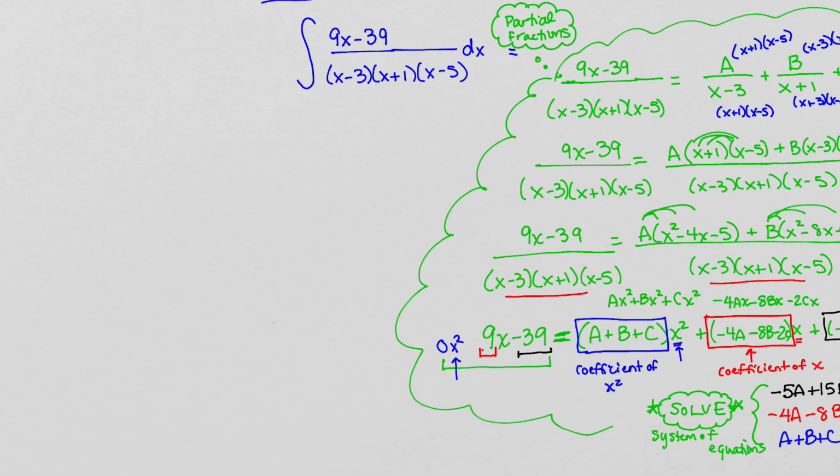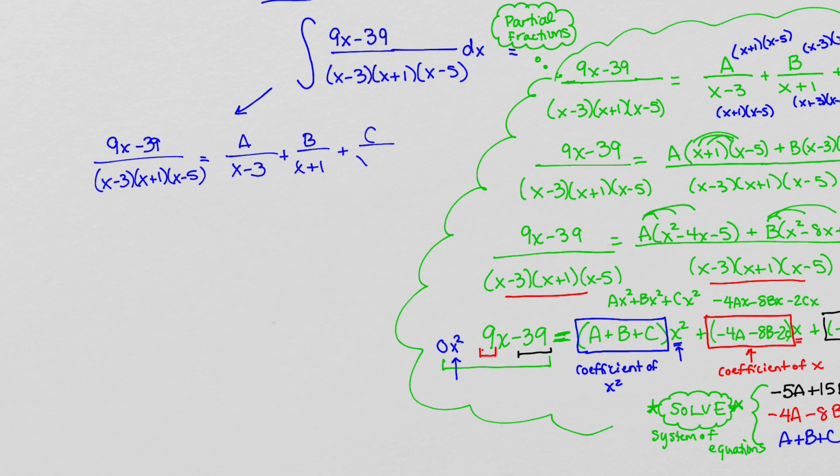We have the same integral that we want to start with, and we separate that initial 9x minus 39 over x minus 3 times x plus 1 times x minus 5, just as before, and we write it as three fractions, where we put a constant over x minus 3, a constant over x plus 1, and a constant over x minus 5.